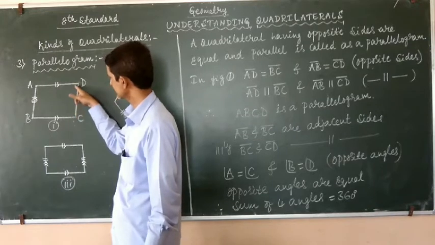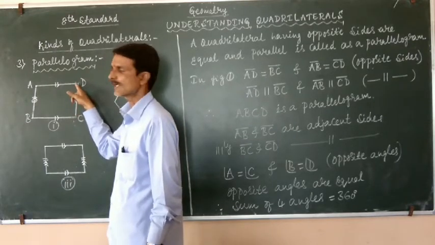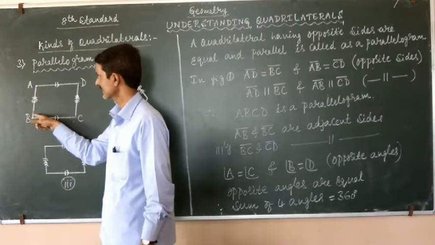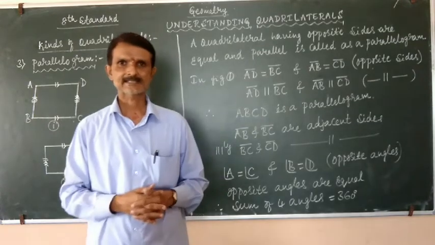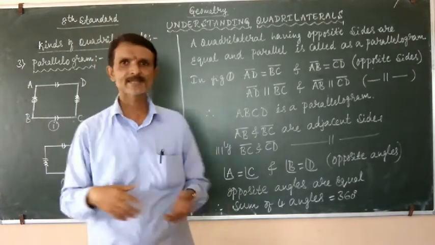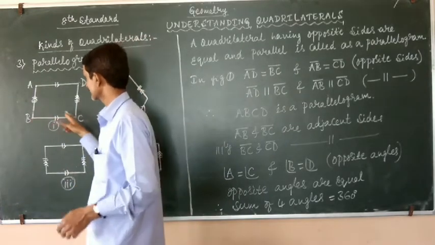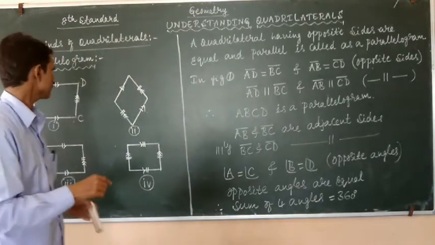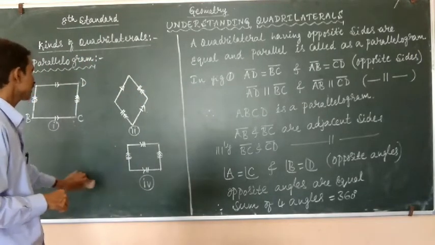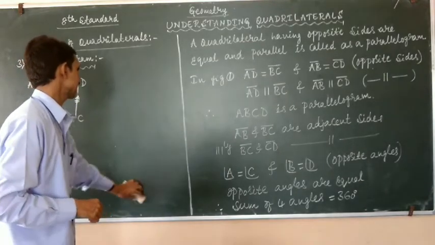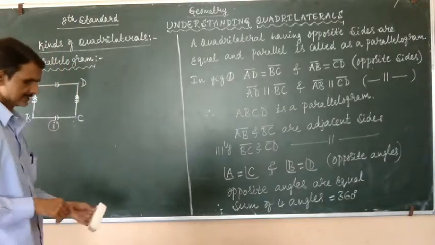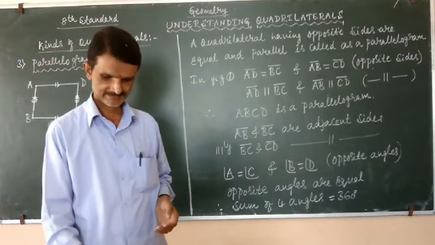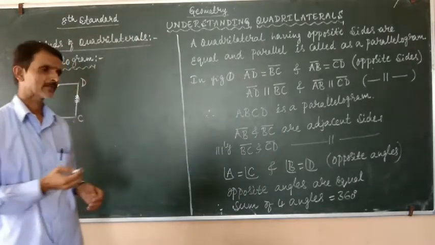Similarly, angles C and D, angles D and A, and angles A and B are the adjacent angles. If you add the sum of these two adjacent angles, it must be equal to 180 degrees.